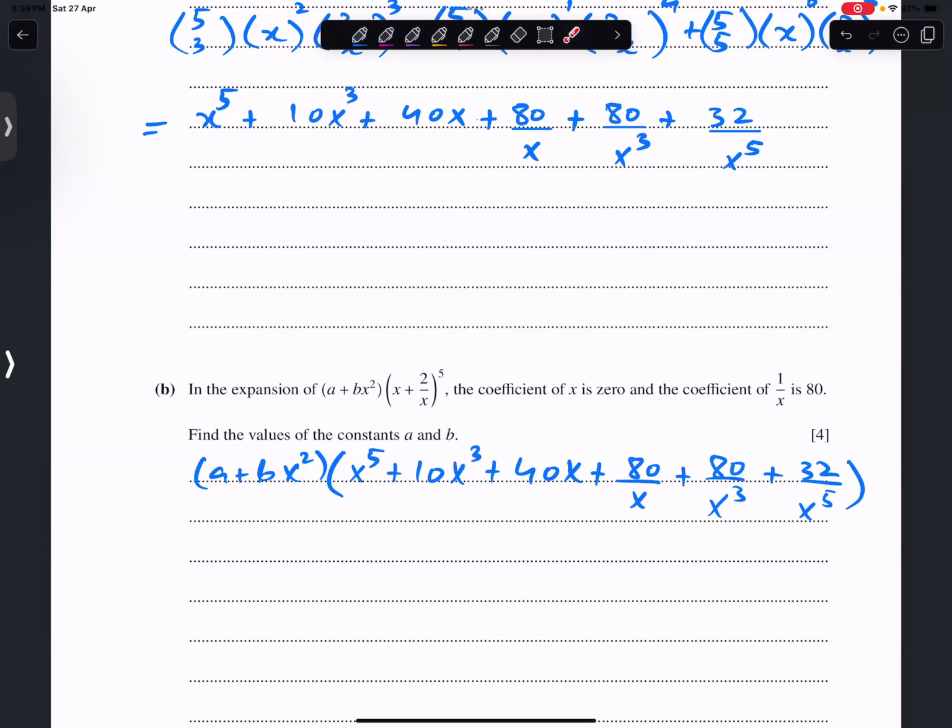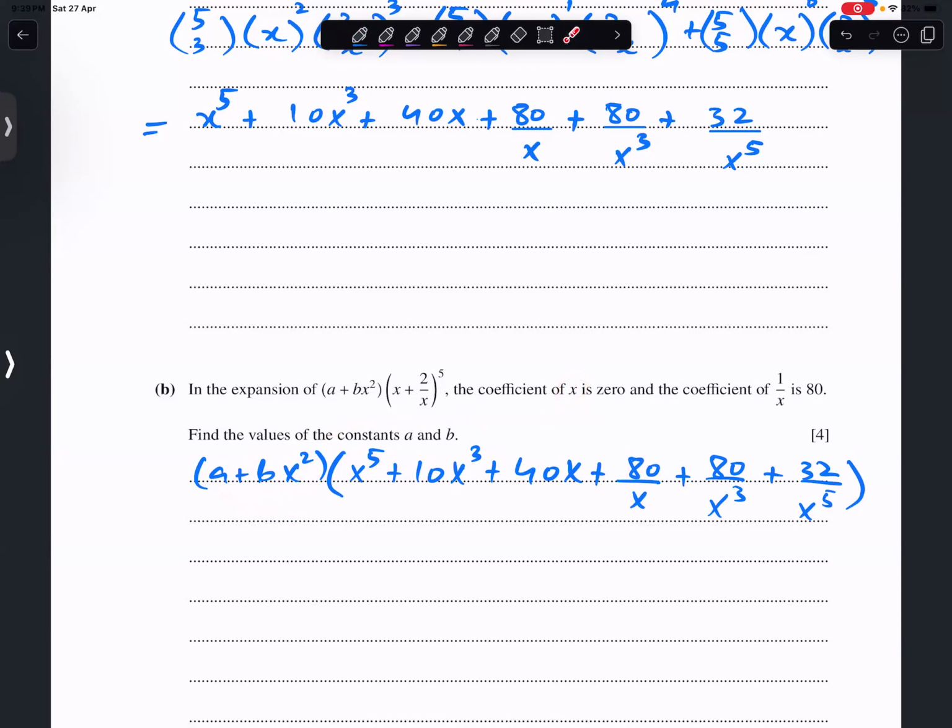So in order to get x, a will be multiplied with nothing, and bx square will be multiplied with the coefficient of x. Okay.